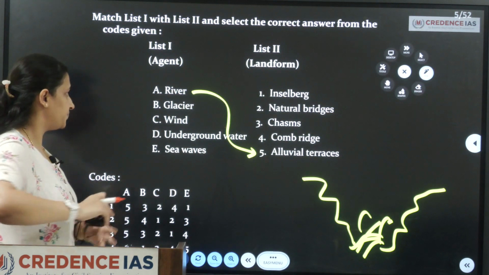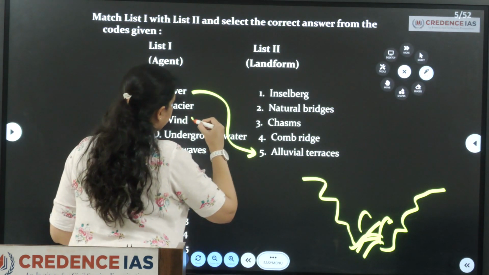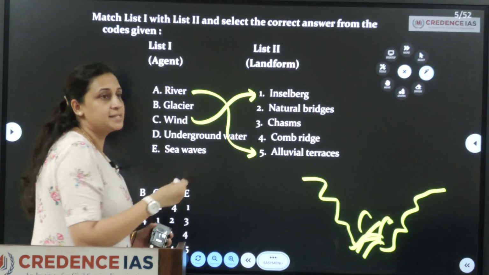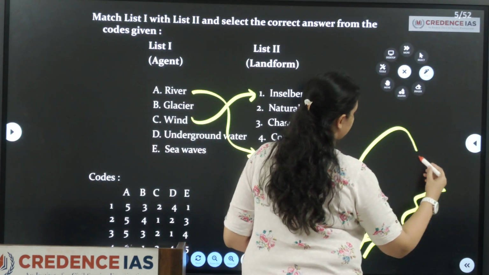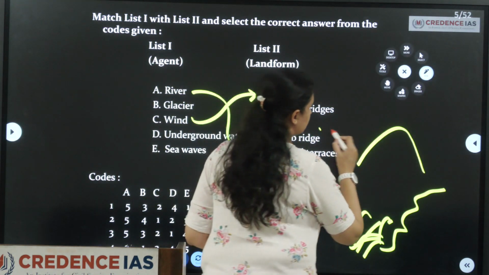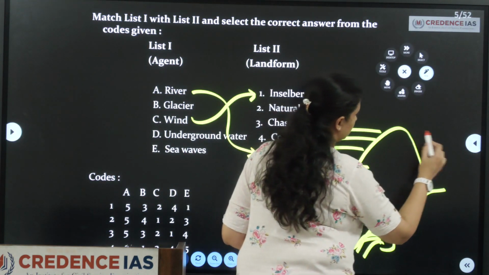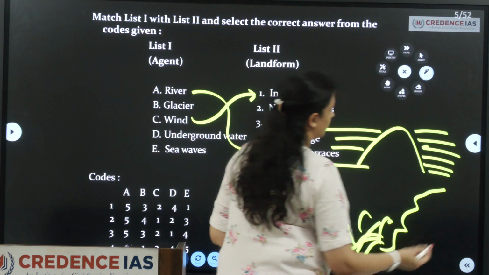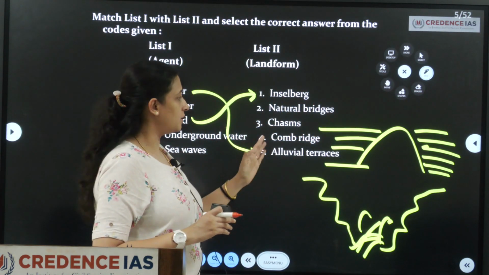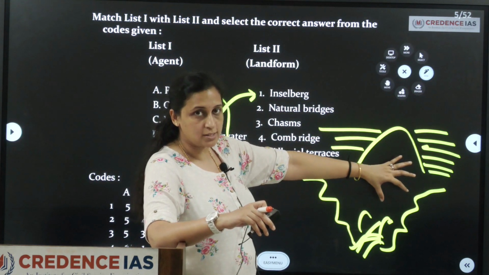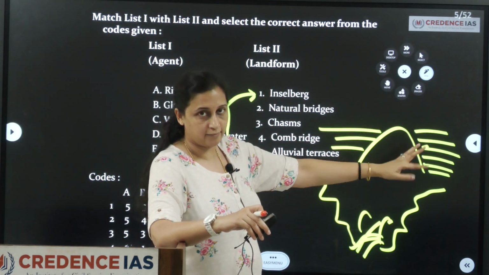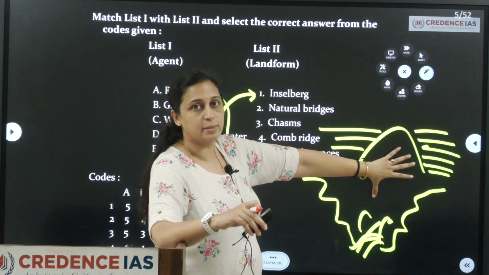Now wind causes Inselberg. Inselberg is nothing but a mountainous structure. Because of the wind, the loose particles around the rocks get eroded away and the hard rock remains as it is.